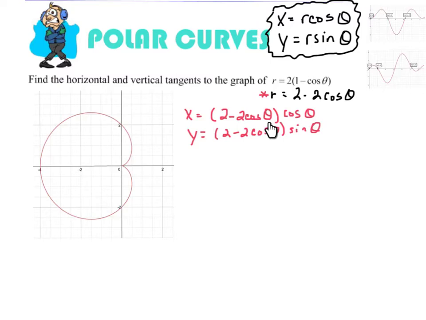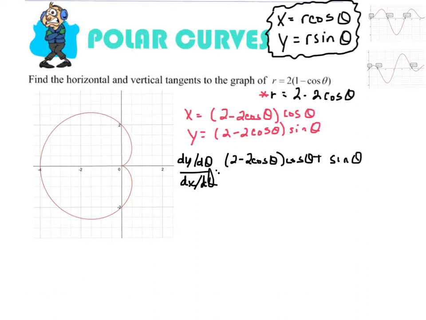So to find the derivative, we need dy d theta divided by dx d theta. Let's start with y. We're going to need the product rule. So we're going to have first multiplied by derivative of the second, plus the second multiplied by derivative of the first.